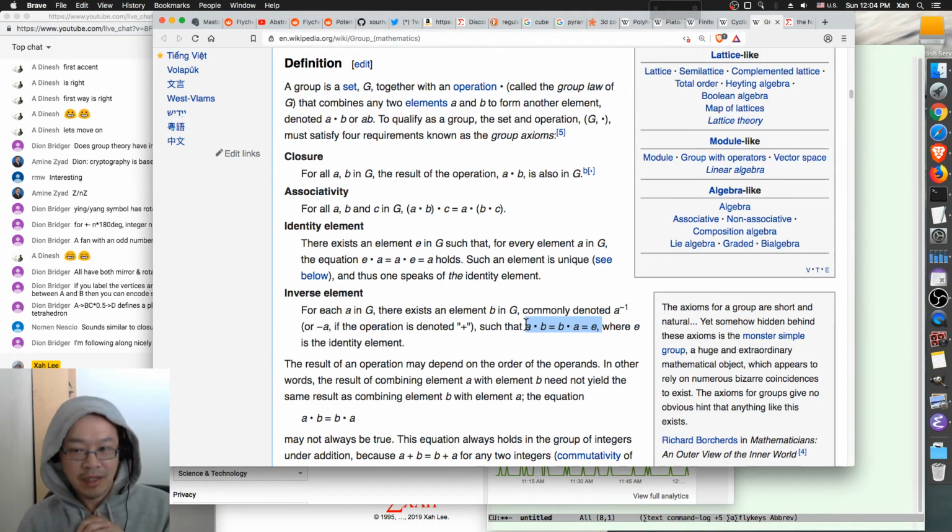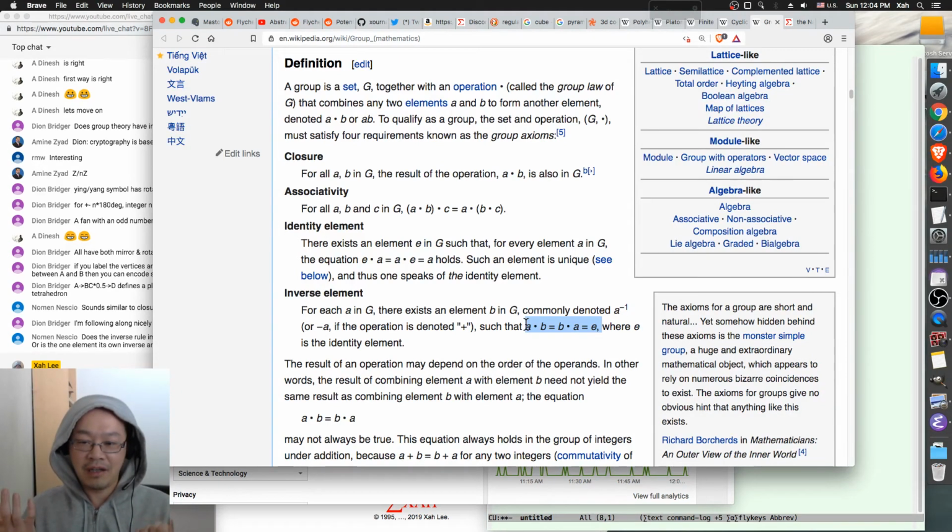What is 0? 0 is the identity element of addition. What about 6? Is there a number such that when you add it to 6 it equals the identity element of addition? Yes, and that number is negative 6. 6 plus negative 6 equals 0, and so on for any number.